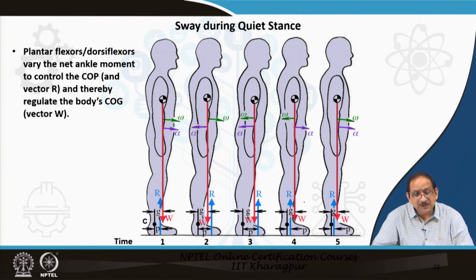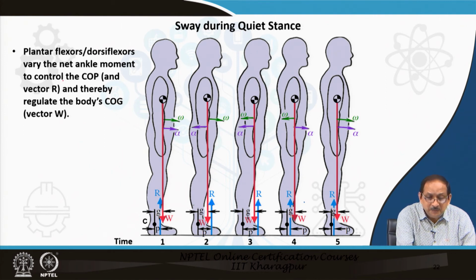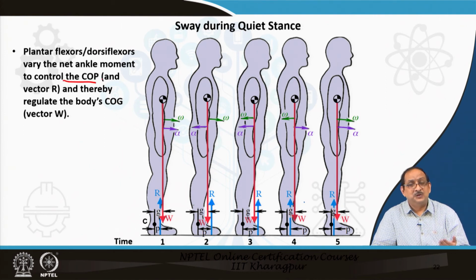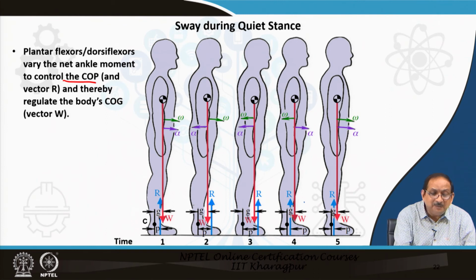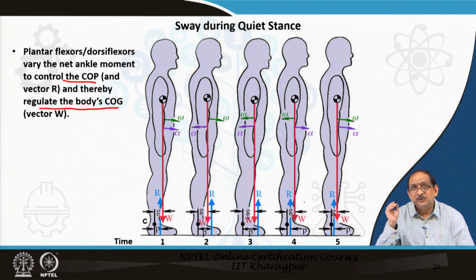The plantar flexures and dorsiflexures can vary the ankle moment to control the COP and of course, the vector, the ground reaction vector R, and thereby regulate the body's COG through which the vector W is acting.